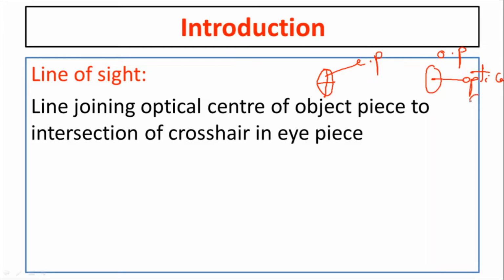The line joining the intersection of crosshairs to the optical center of the object piece is called the line of sight.